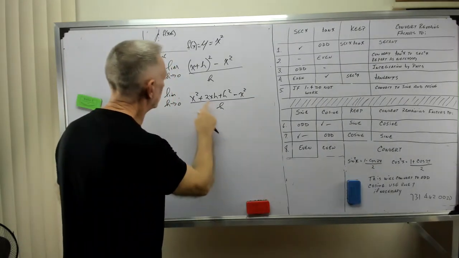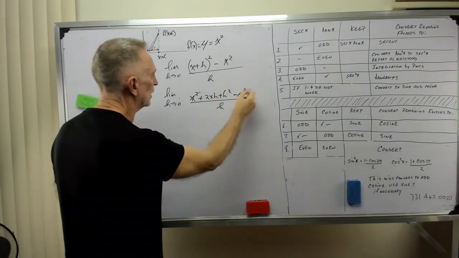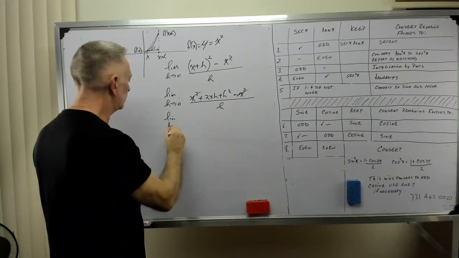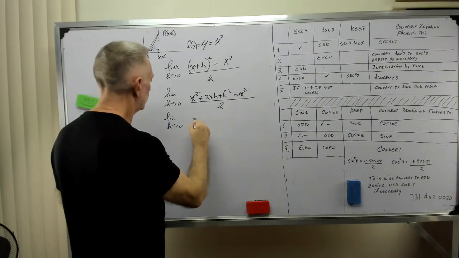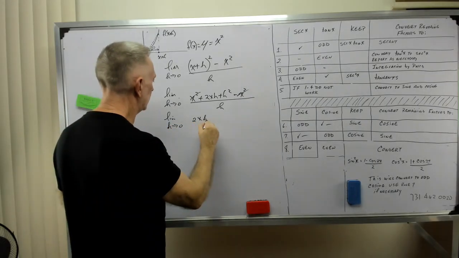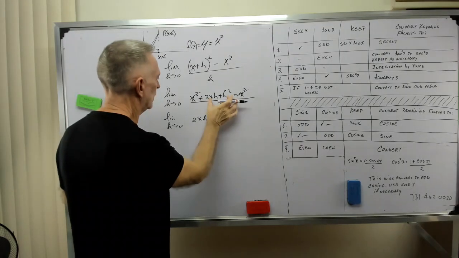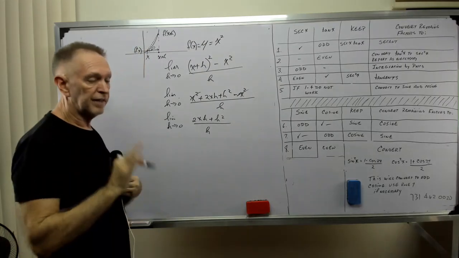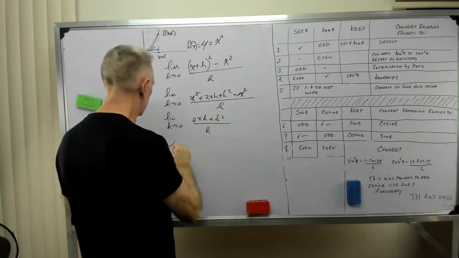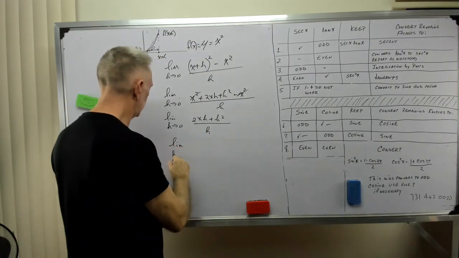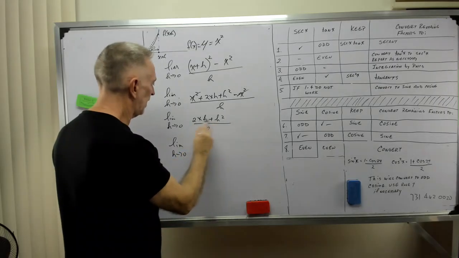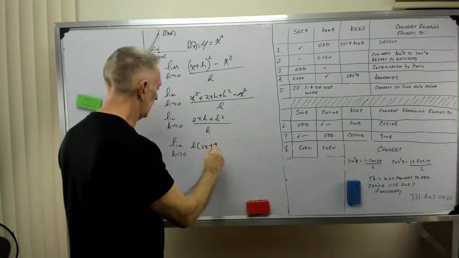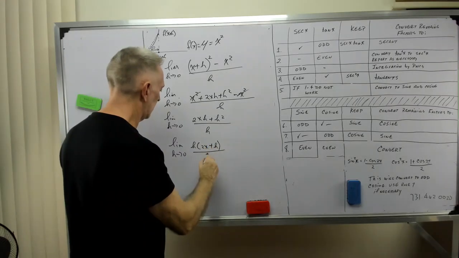Okay, all right, so x squared minus x squared, those cancel. So I have the limit as h approaches 0 of 2xh plus h squared, that's what's remaining, over h. When in doubt, factor, okay? So I'm going to factor an h out: h times (2x plus h) divided by h.